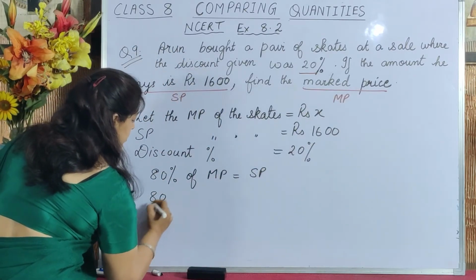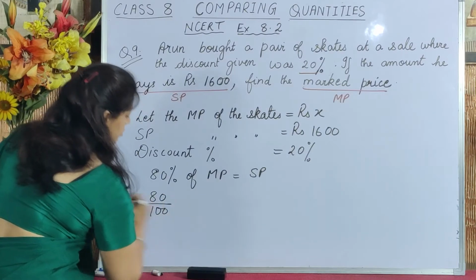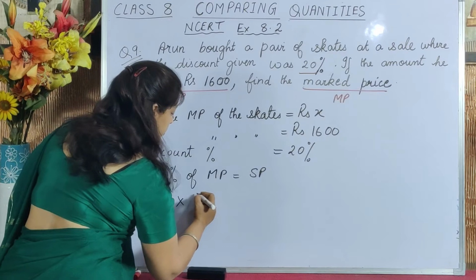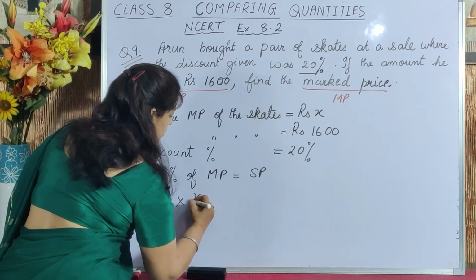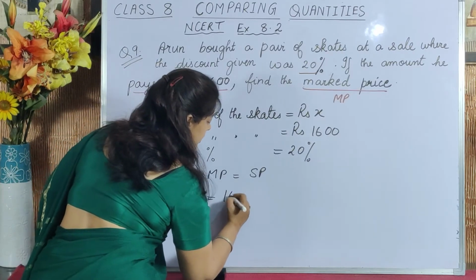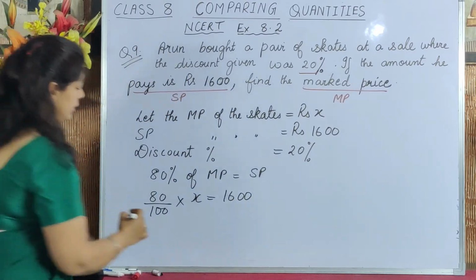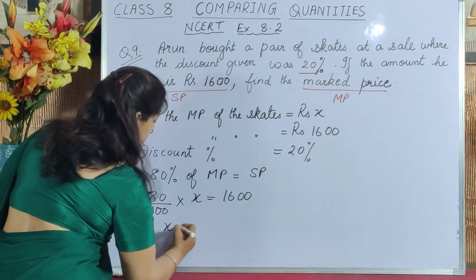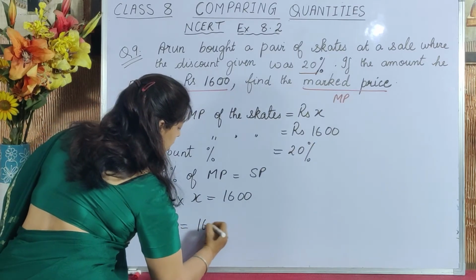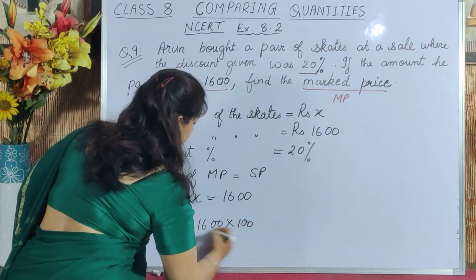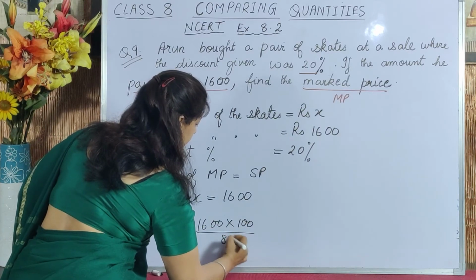Now we can write 80% as 80 upon 100, and of as multiplication. Marked price we have taken as X. So this is equal to the sale price, 1,600. We have substituted the values. Therefore you get the value of X by cross multiplying. 1,600 into 100 divided by 80.